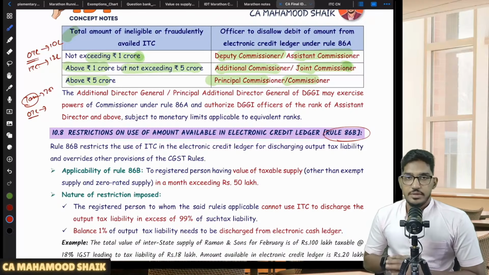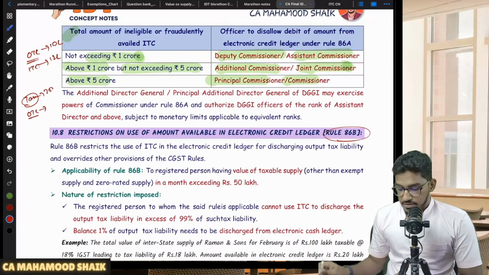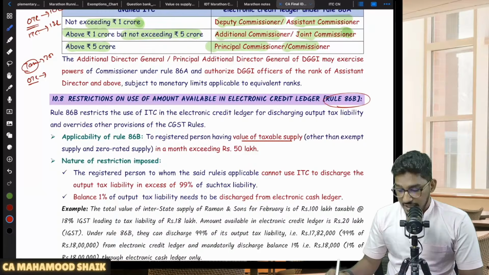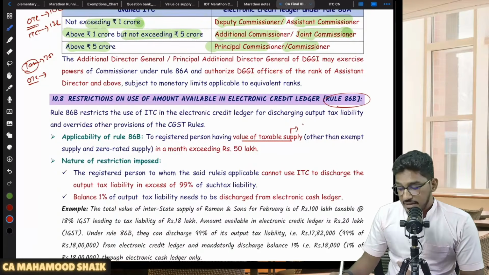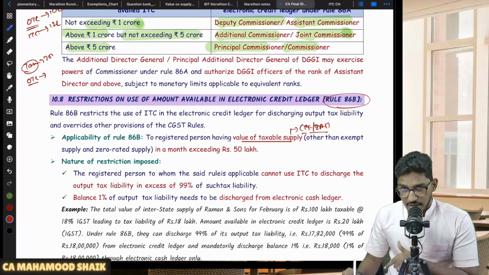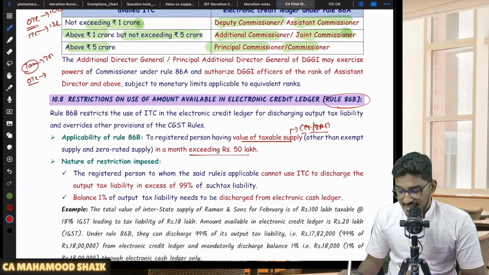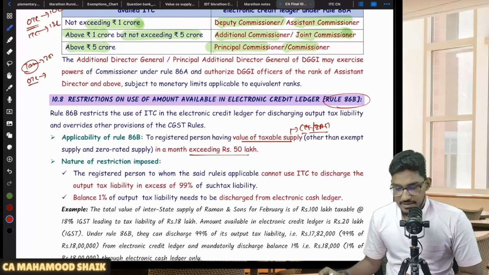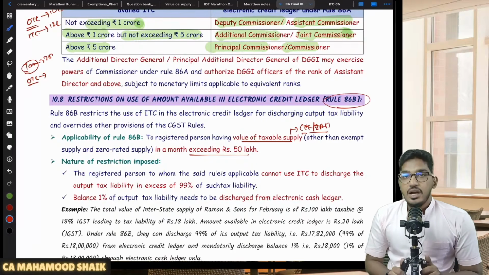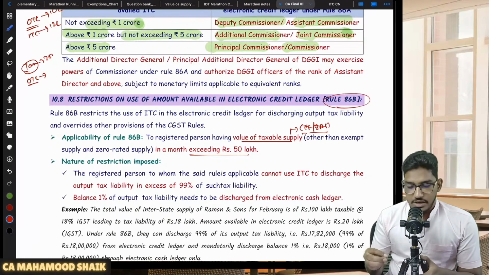So what the department has told is, if you are a registered person whose value of taxable supply in a month, other than exempt supply and other than zero rated supply, even zero rated supply you don't consider, has exceeded 50 lakh rupees in that particular month, then for that month, whatever your output tax liability is, even though you have full input tax credit, you can't use 100% of your ITC.